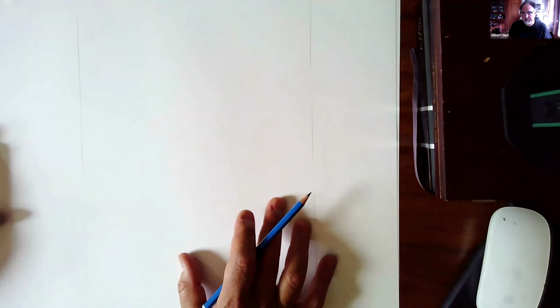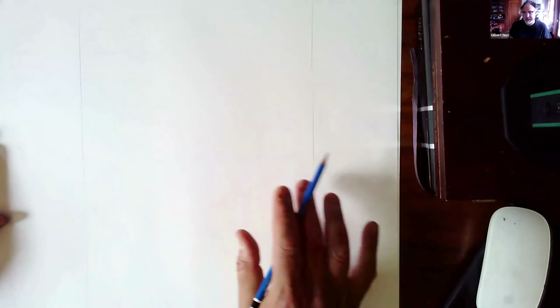Then think about the edges of your page as the edges of the photo that you're looking at, so that you can match more or less the composition, or where things go on the page.